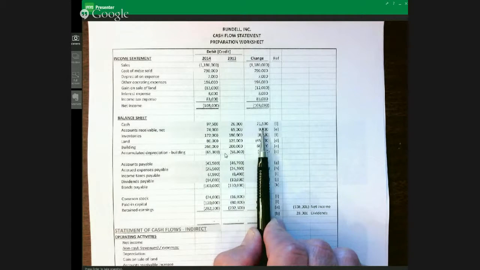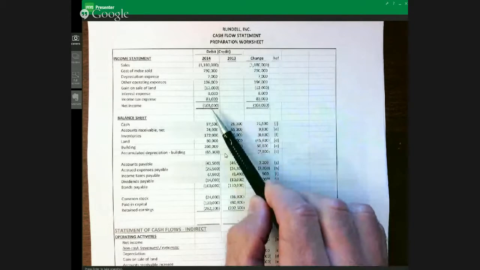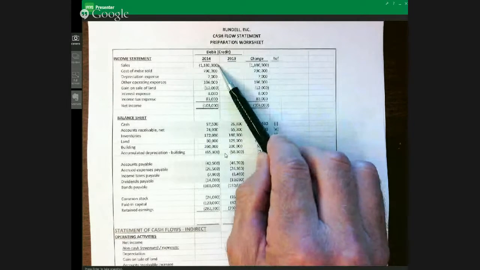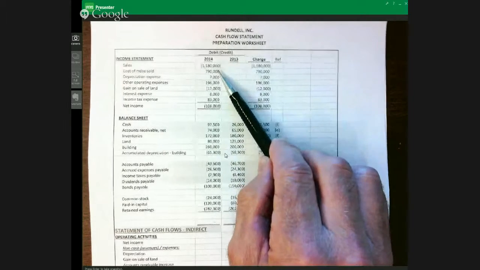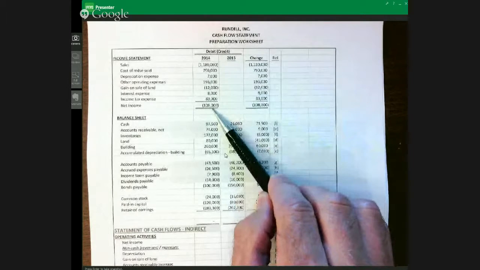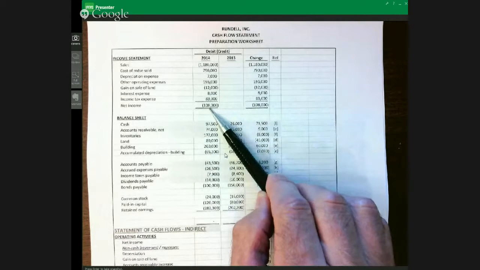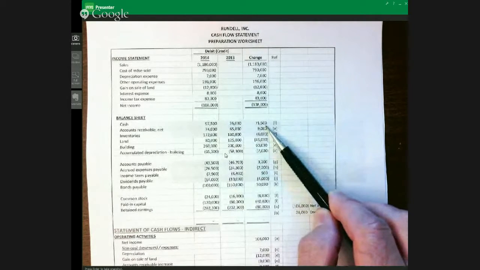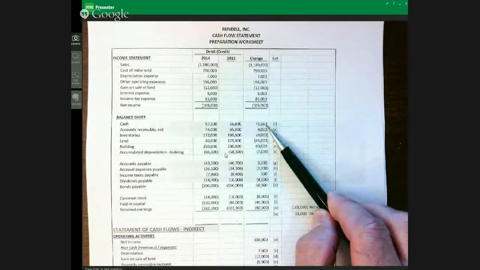And so the owner will see that cash has gone up $71,500. But the owner is also going to notice, when the owner reviews the income statement, that sales were $1.18 million, less all the expenses, leaves net income of $108,000. And the owner will ask, well, if I have income of $108,000, why did my cash go up only $71,500?